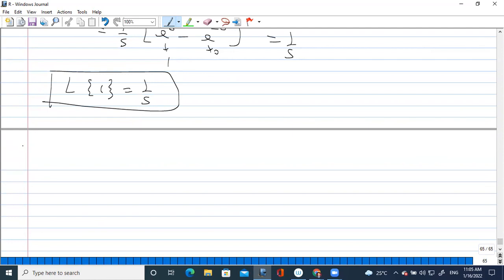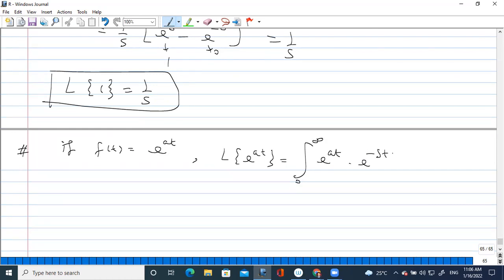Okay, so next we can do, if f(t) is equal to e to the power at, then the Laplace of e to the power at you can directly find: integral 0 to infinity e to the power at e to the power minus st dt.